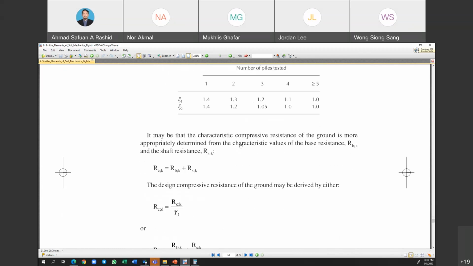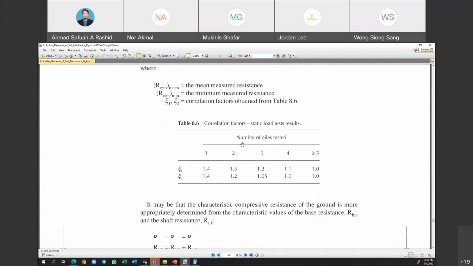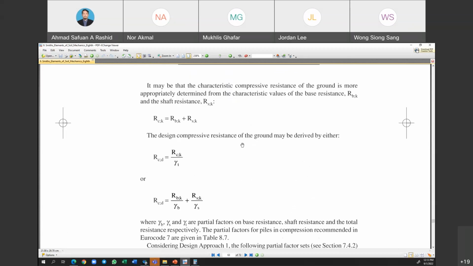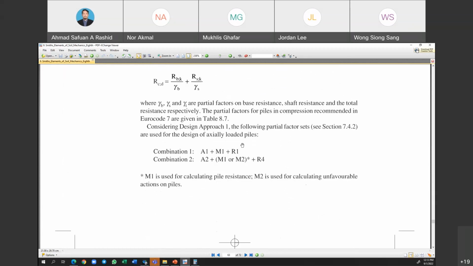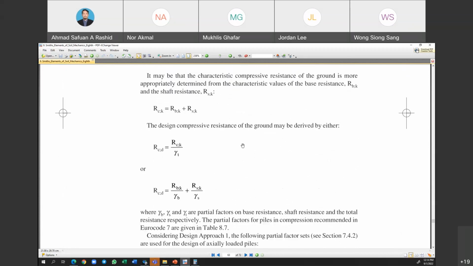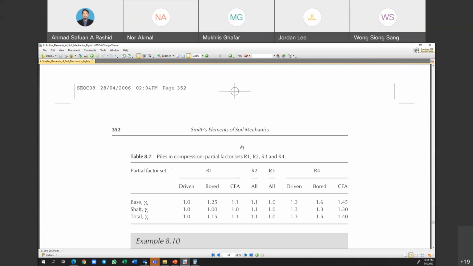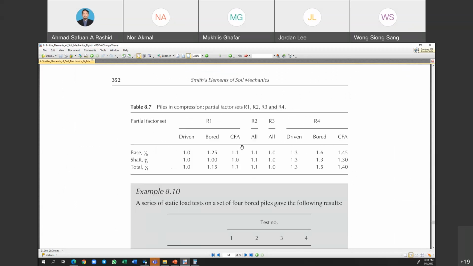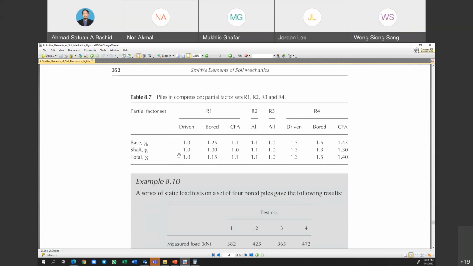Combination 1, combination 2. Pile in compression, partially. So this is the partial factor of safety based on different types of installation.